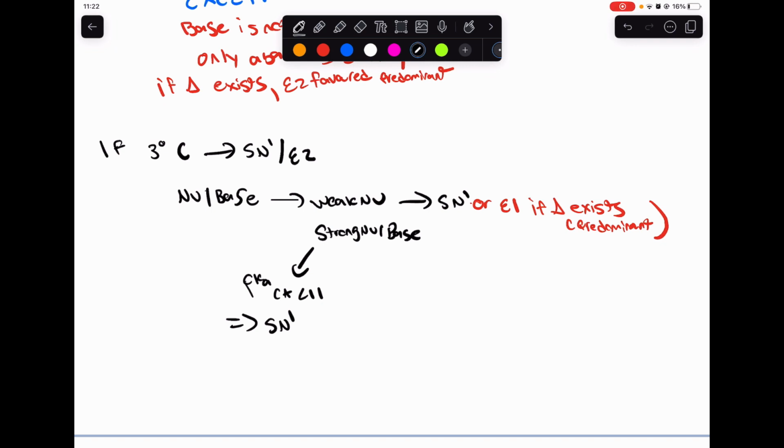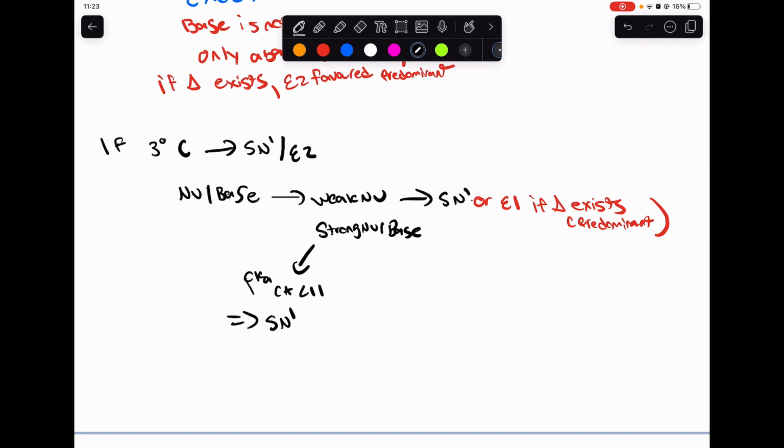But the chances of the alcohol being as electronegative as it is, liking to hold on to its electrons already, it's unlikely for it to act as a strong nucleophile and attack less reactive things than something with a charge would react with. So pay attention to the charges. If you don't feel like using your pKa table, pay attention to your charges, pay attention to the delocalization within the atom, and also pay attention to the electronegativity of the atom if no charge exists.